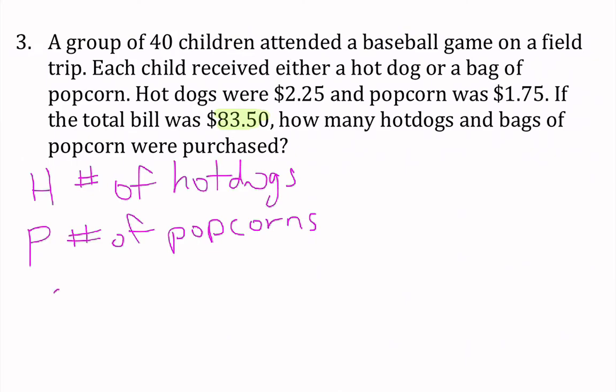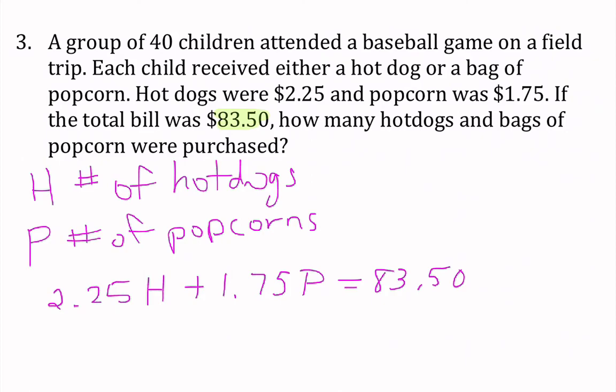So that's going to be 2.25 for every hot dog. Plus, we're also spending money on popcorn, but I know I'm spending $1.75 for each bag of popcorn. So that's 1.75p. So the amount I spent on hot dogs plus the amount I spent on popcorn will equal the total amount of money spent, which was $83.50.